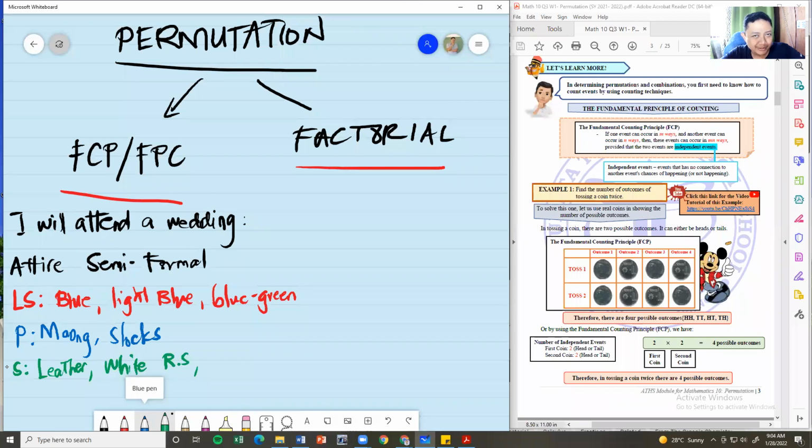Ano tawag doon? Yung matibay na sapatos na pwedeng pangbota kapag umuulan. Yung goma na sapatos na pwedeng pang school, nakakalimutan ko yun. O, black shoes na lang.